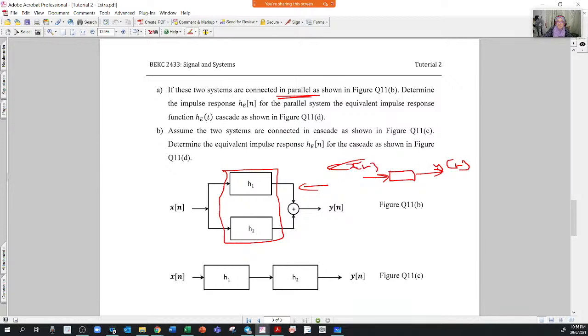So HE is actually this. Sorry, my handwriting. Find out what is HE. You know that HE is actually at this point. HE is the summation of these two signals. So just add up the signals.